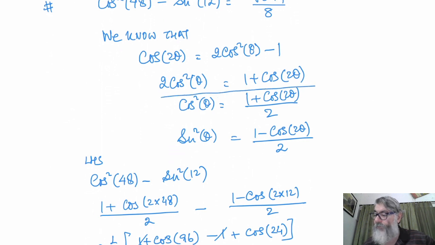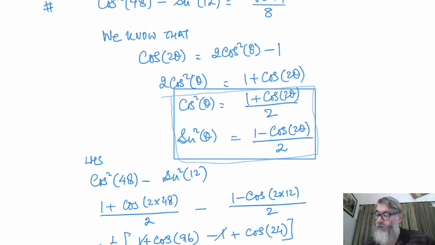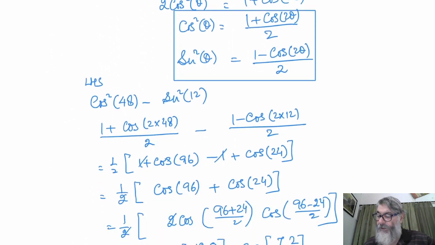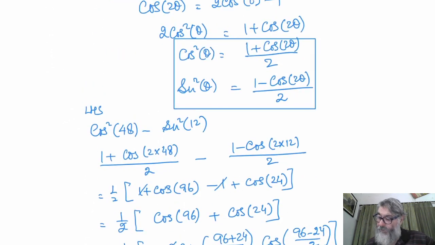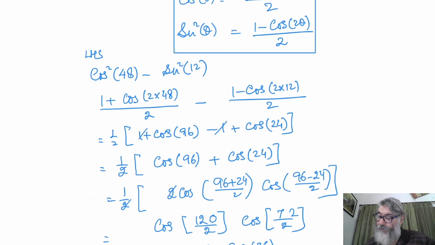You should remember them and learn them by heart. But even if you don't, you can calculate. And then cos C plus cos D was applied. This is important. So that is done. Now let's see the next question.